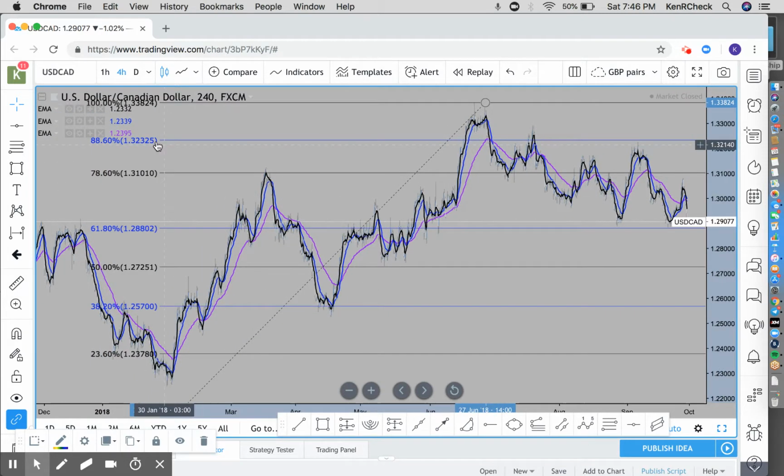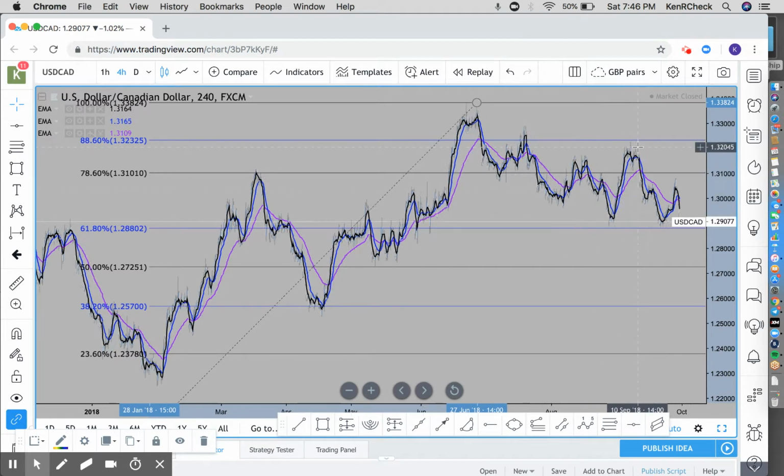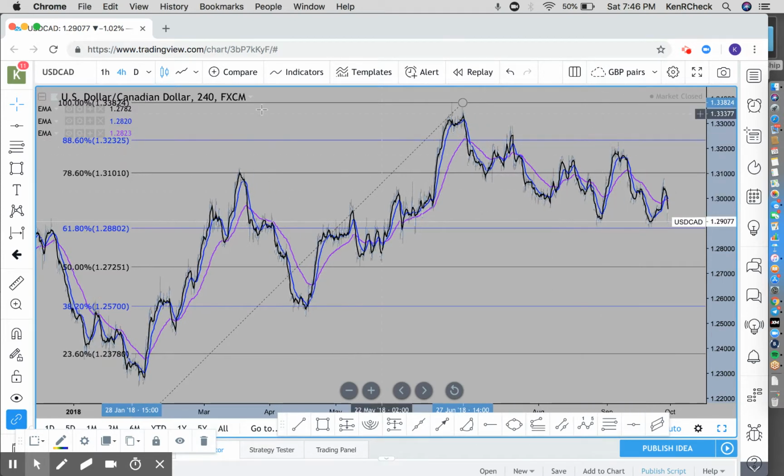So on the 88 retracement, as you can see, it came up and formed a nice low high, right? This is where you would have got your entry on the 88 retracement. It came down and came back up, forming highs and lows, and then it came right back up to the 88 retracement.